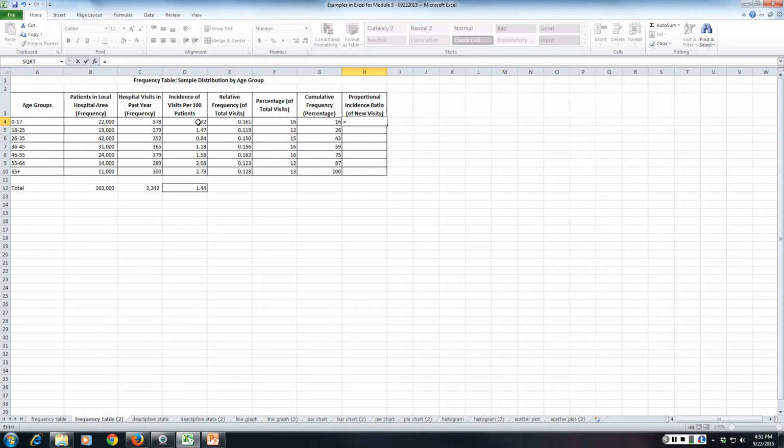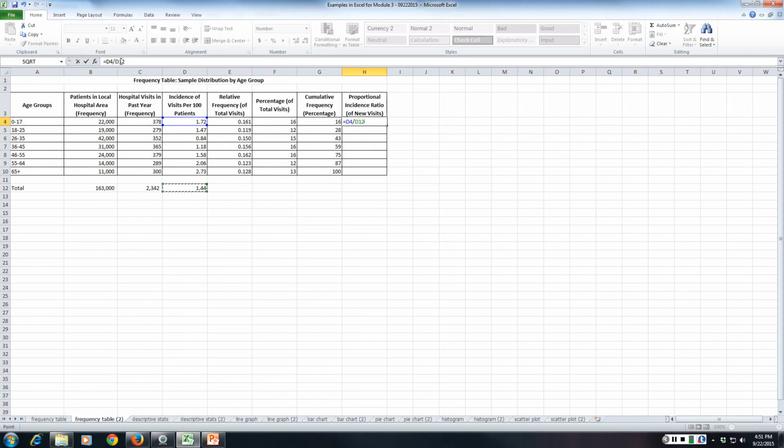The numerator would be the incidence for this particular group, in this case ages 0 to 17 in cell D4, divided by the mean incidence in the entire population, which is this number that we calculated down here of 1.44.